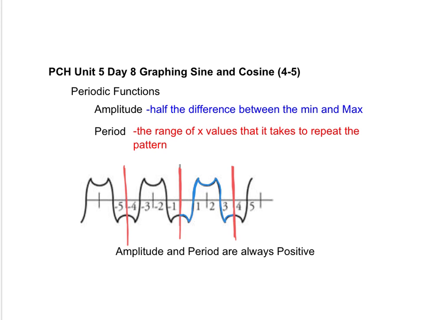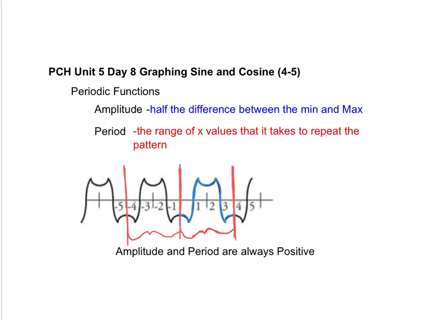Alright, so you'll notice here we have a consistent distance from start to finish as this thing repeats. Okay? This distance here, in this case, happens to be how much? Can you tell? 4, okay?